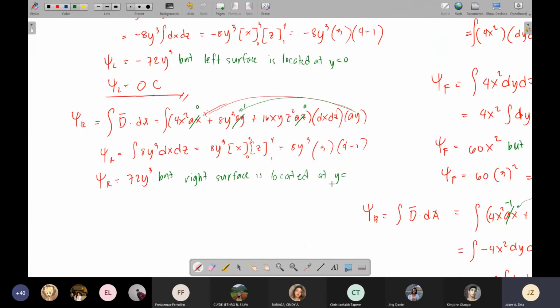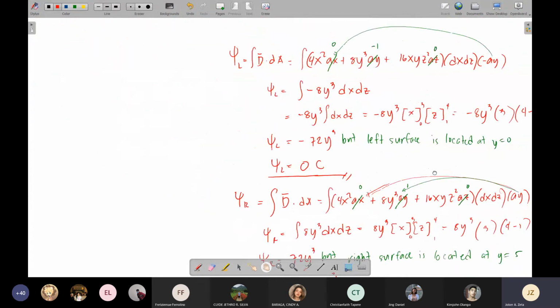So at y equals 5, the flux on the right would become 72 times 5 cubed. Let's use the calculator. 5 cubed times 72, that is 9,000. So this is 9,000 coulombs. You have your flux on the right. Okay, 4 down, 2 more to go.